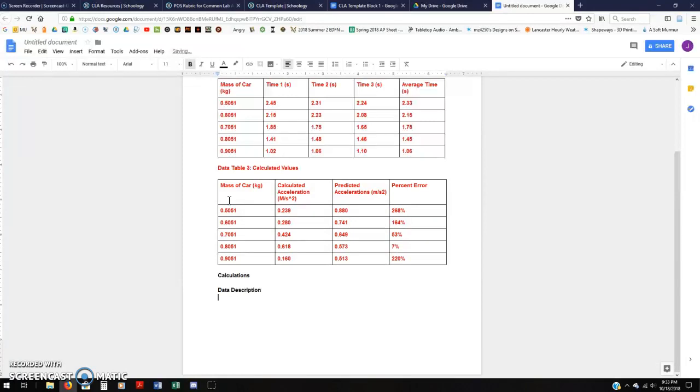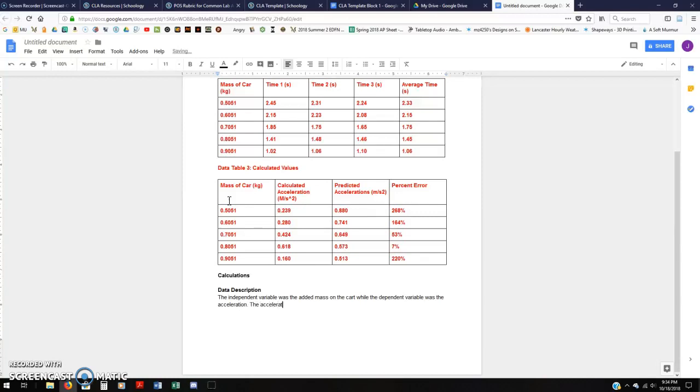So looking at this particular section here, I want to start out with my independent and dependent variable. So in this particular lab, the independent variable was the added mass on the cart, while the dependent variable was the acceleration.